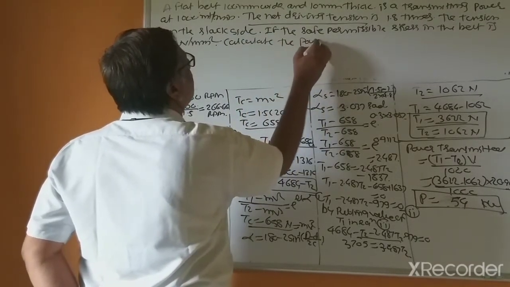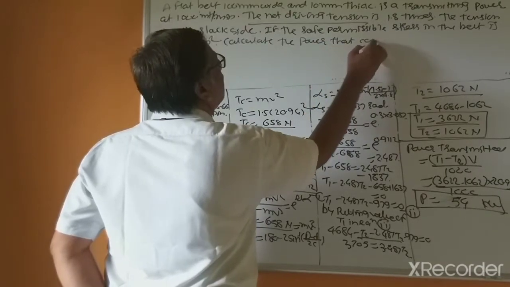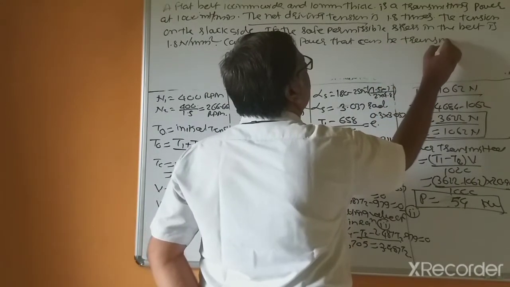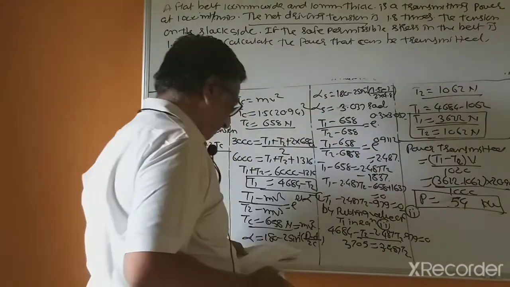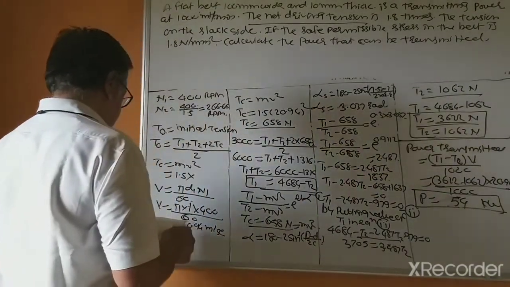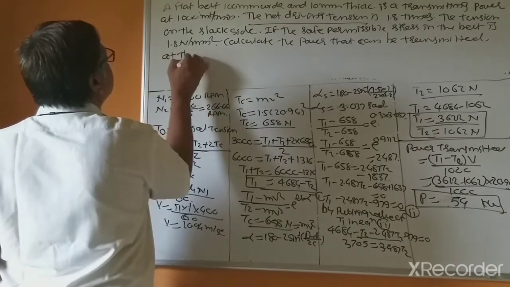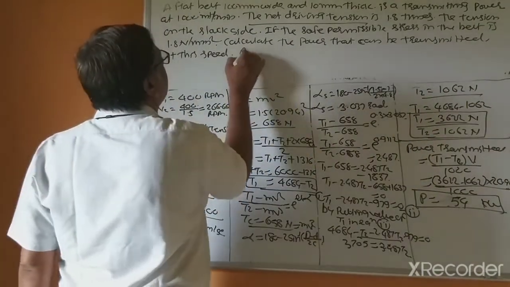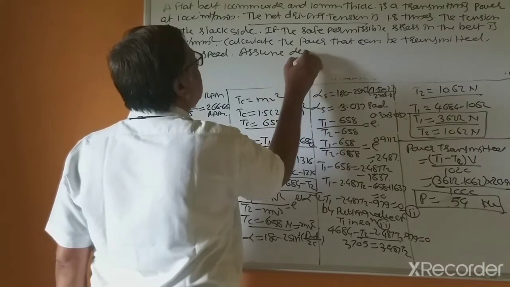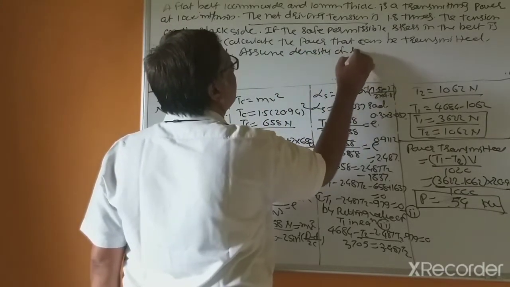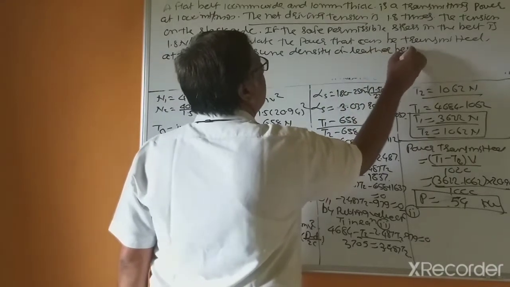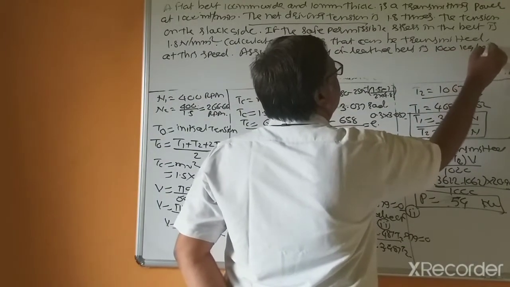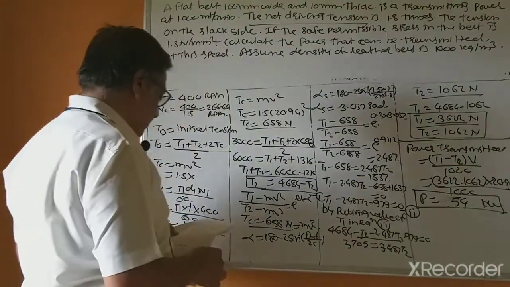Assume density of leather belt is 1000 kg per meter cube. This is the density given.